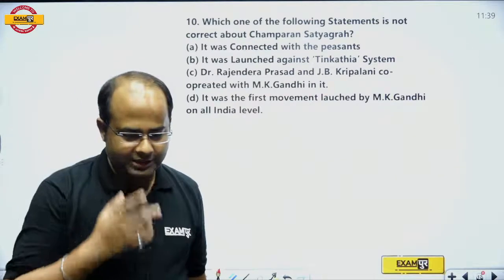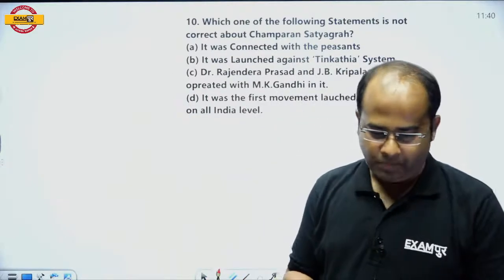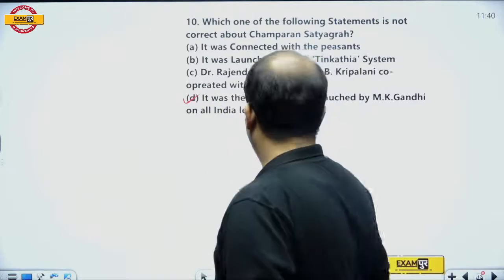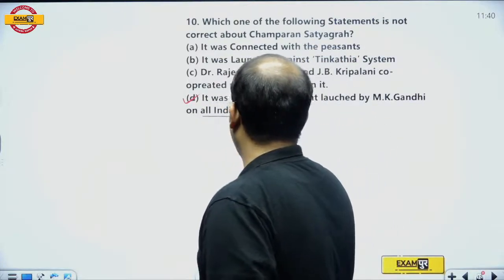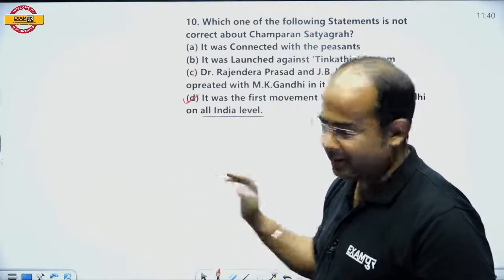Okay, Raghuraj is saying option C. Vijay is saying option D. Guys, the correct answer will be option D. Why? It was the first movement launched by Mahatma Gandhi, but not on an all India level. This is the only line which has made the statement incorrect.